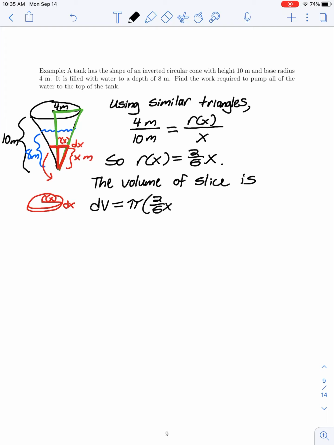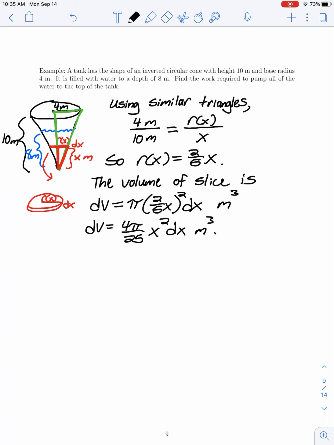So here we would have 2/5 x, we're squaring that radius, and then we multiply by the thickness of our slab, dx, and since everything was being measured in meters, the volume would then be cubic meters. Or simplifying a little bit, when we square the 2/5, that would be 4/25 times the pi out in front, would be 4/25 pi. Then squaring the x term, we have x squared and then dx cubic meters.